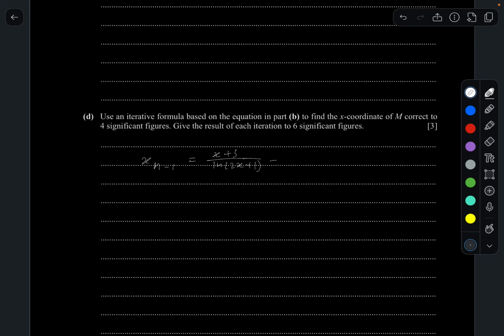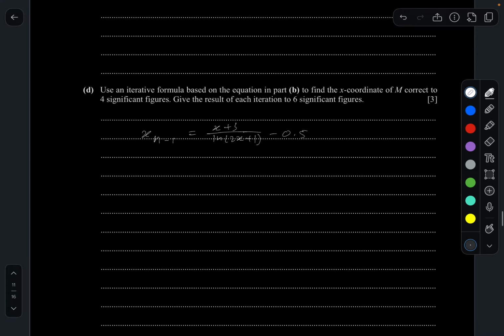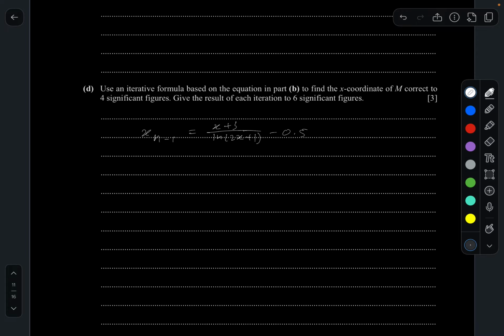I don't know where I left it. I think I left it in the car. And then you will obtain your answers. If you put x starting with 2.5, you get your answer as 2.57.